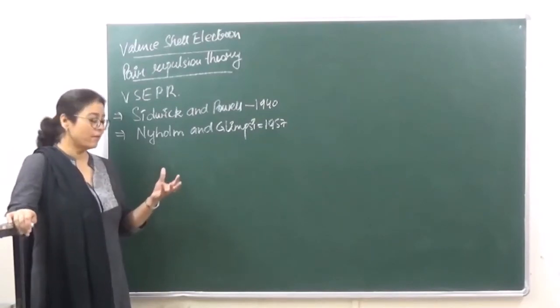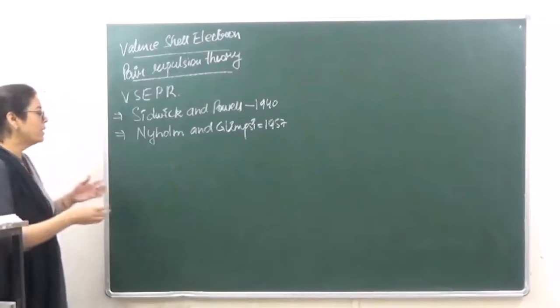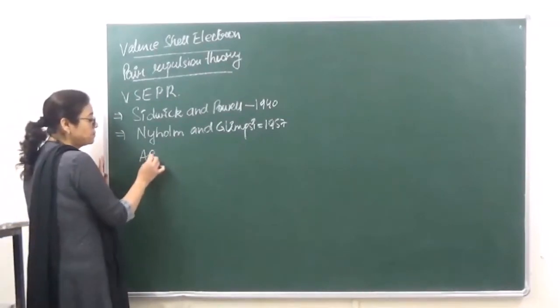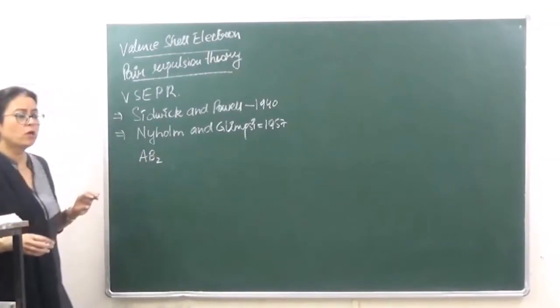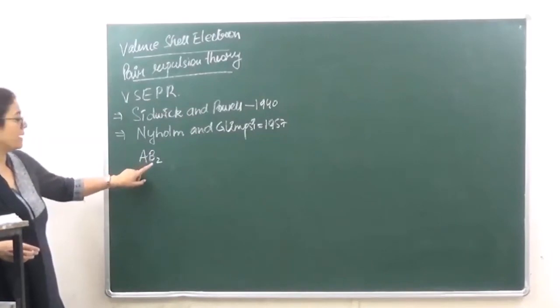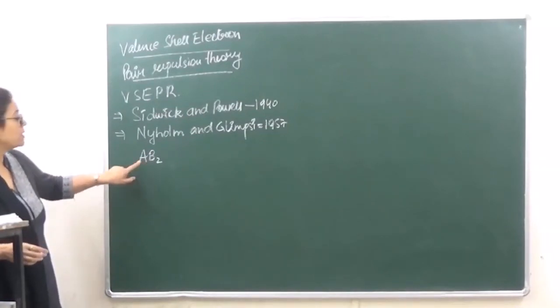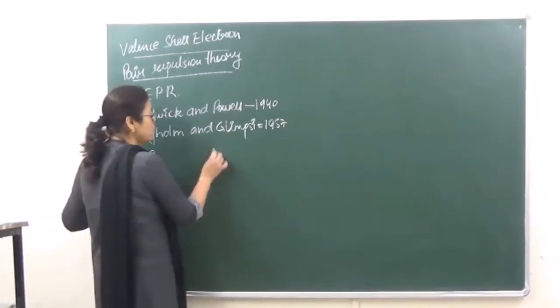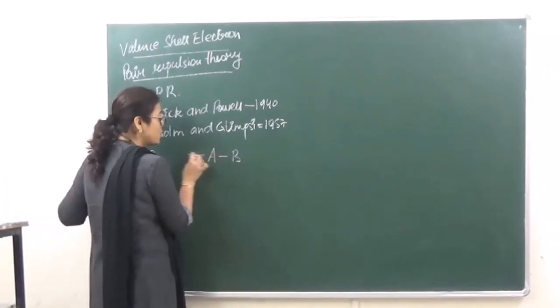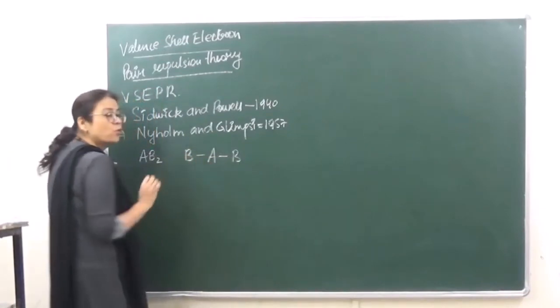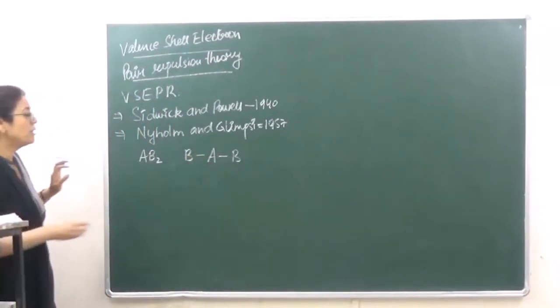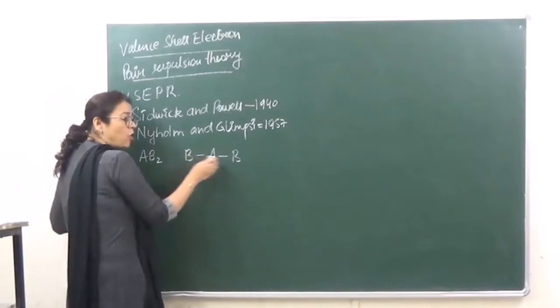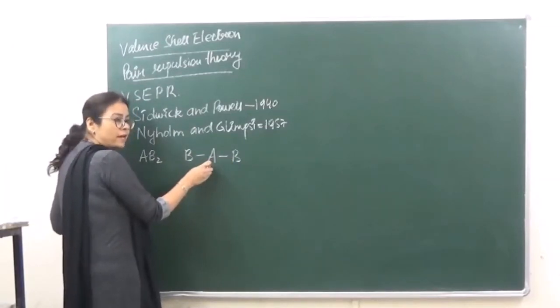Right? For example, if we have a molecule of the type AB2, where A is the central atom and B is the surrounding atom, these two B's will take such a position that the repulsion between the two is minimum. So they will be directed in opposite corners of A, right?